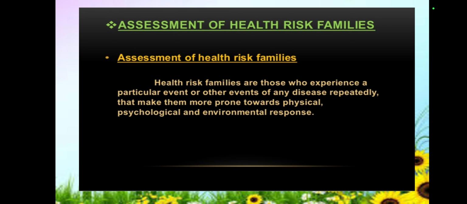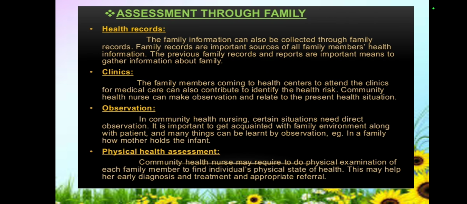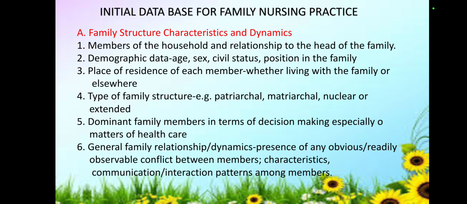So, health risk families are those who experience a particular event or other events of any disease repeatedly that can make them more prone towards physical, psychological, and environmental response. So, assessment through family is kukuha tayo ng, this is just a review, no? Health records through clinics, through our observation and physical health assessment.